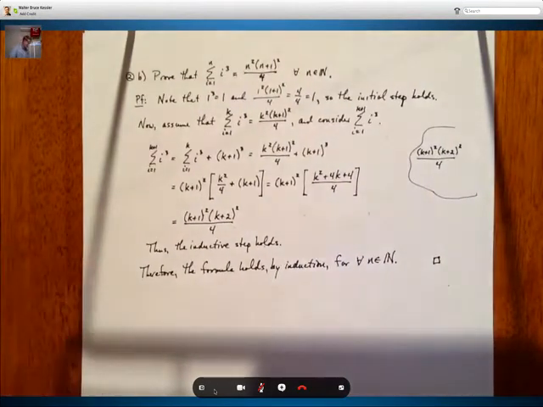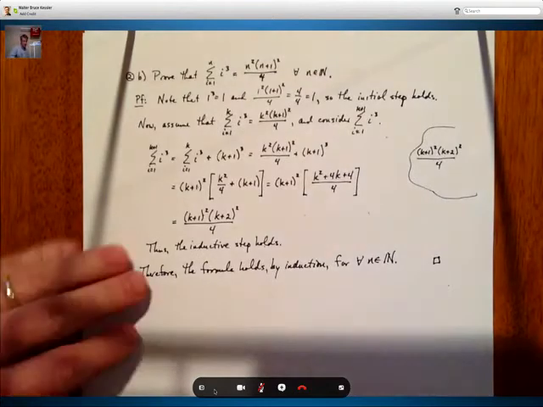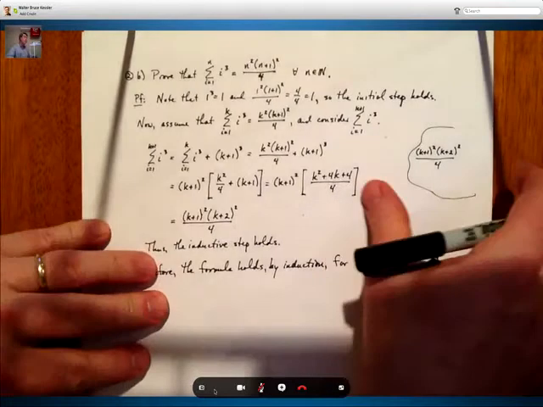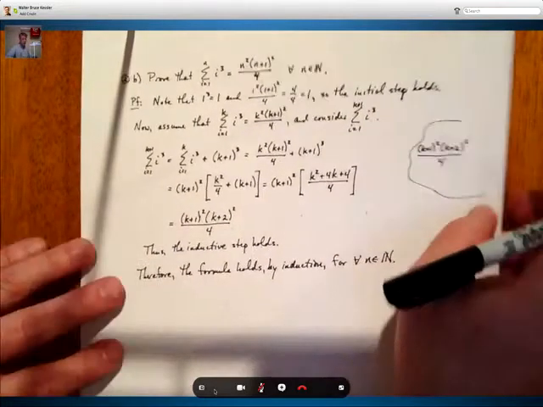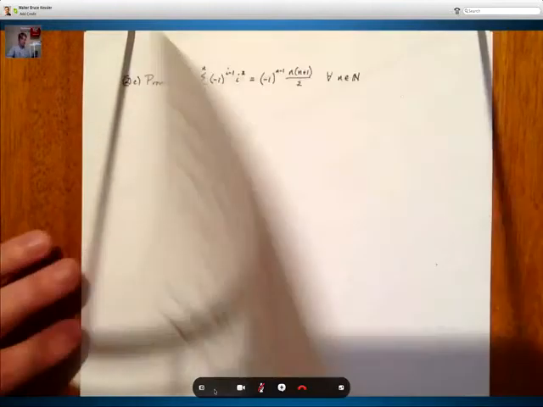Okay? This is a recurring theme with all the induction proofs. You know, we try to use the information that we found, right? Or that we've assumed, and then we kind of build on that and show that the next one has to happen.